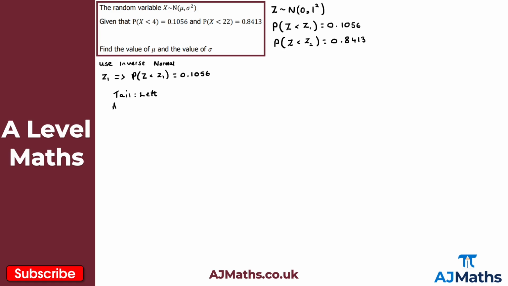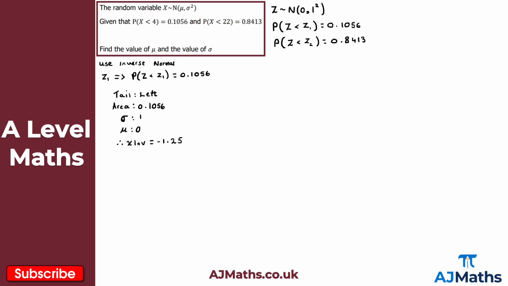For the area, nice and straightforward, that's just this value here, 0.1056. For sigma, that would be the square root of 1 squared, so that's just 1. And then the mean is 0. Press enter, and for x inverse, we get minus 1.25.